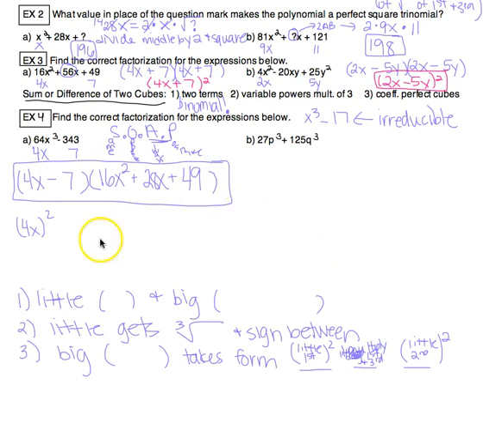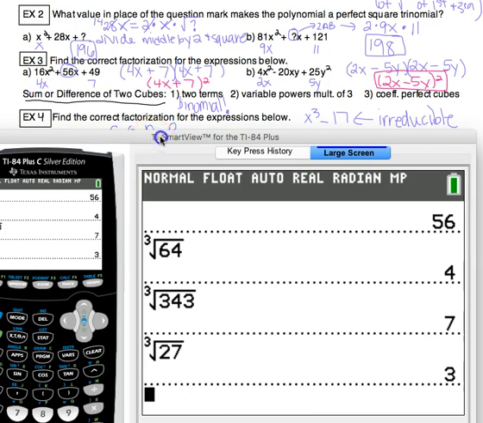All right, now I'm going to go through that one more time because I know it's confusing in comparison to the other two. Just takes a little bit longer to understand. So if you need extra help, please reach out. So I check my checklist. 2 terms. Yep, it's a binomial. Variable powers are multiples of 3. P cubed, Q cubed. Yes. Coefficients are perfect cubes. Well, I already checked the 27 earlier.